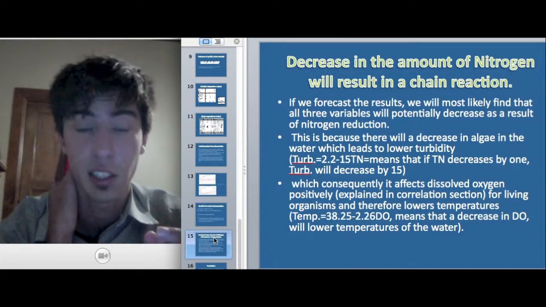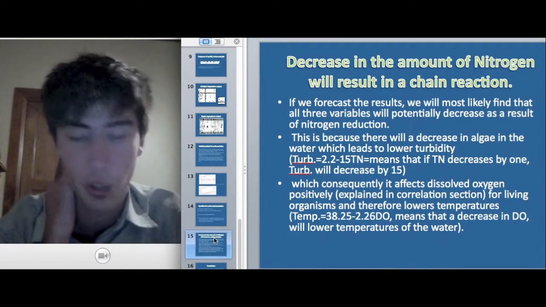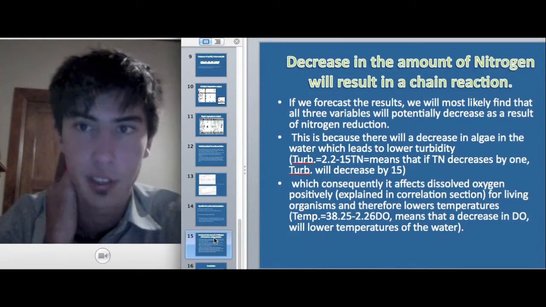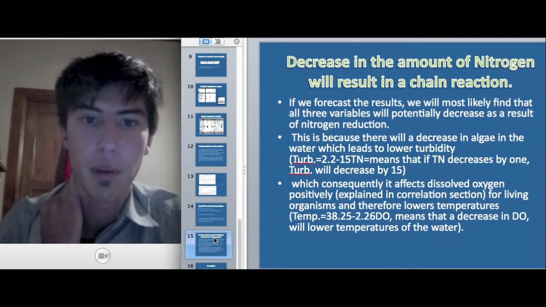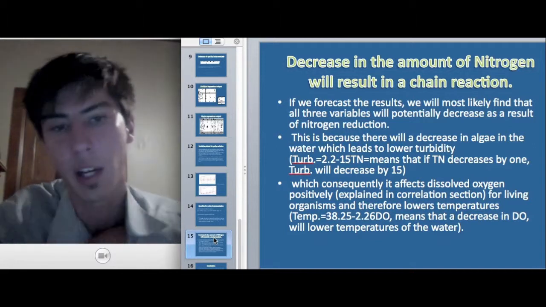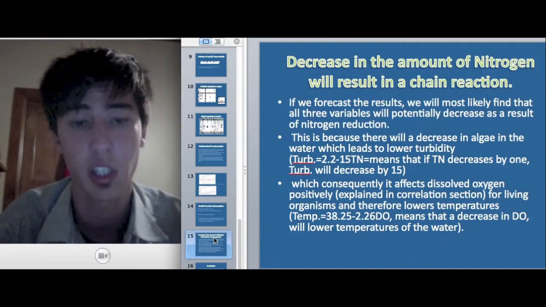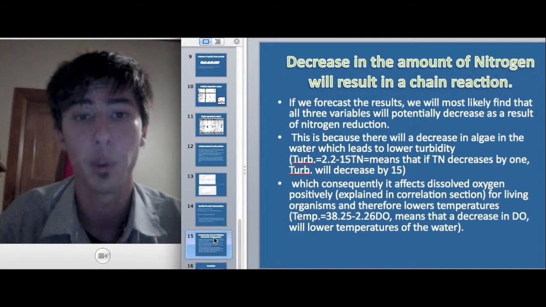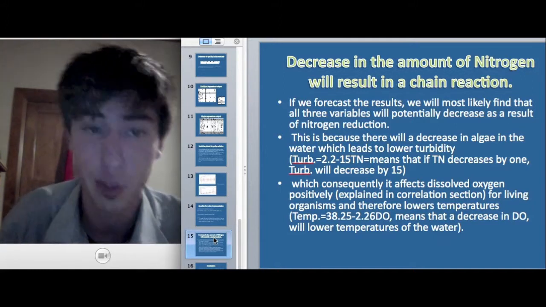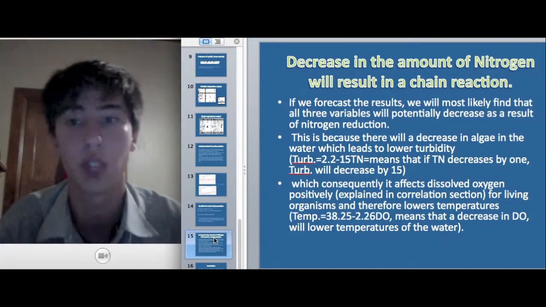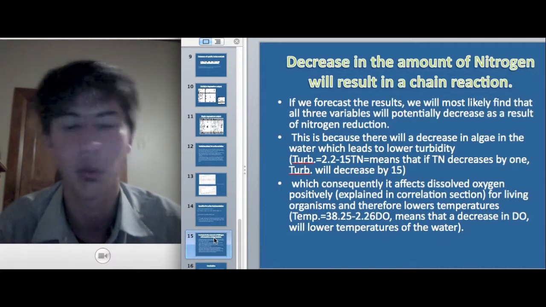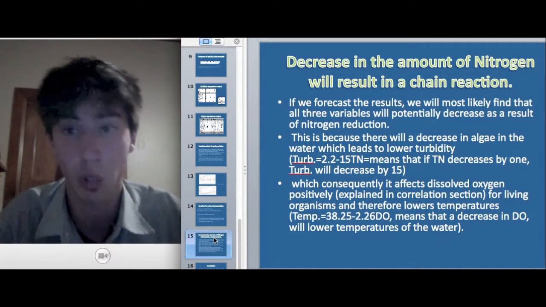We've established single and multiple regression models that are both statistically significant in order to determine and to analyze quality of water and to adjust the main variables and target them. And so we know how much they will be changing if we were to reduce the amount of nitrogen in the river, or if we're going to increase the amount of dissolved oxygen. And with any other variable, it could be done as well, but we just focused on nitrogen this time.